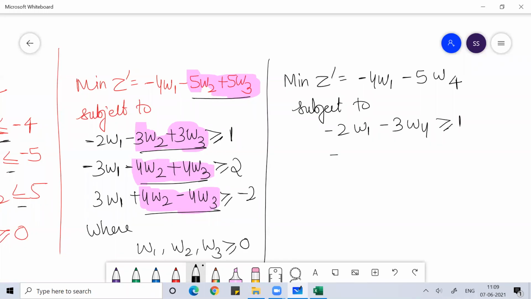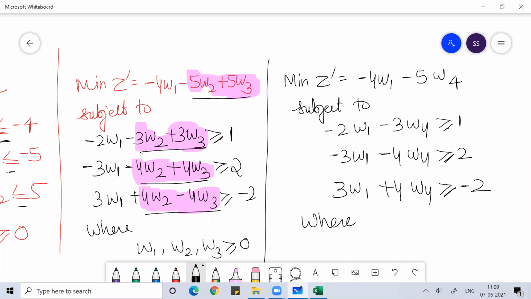I can write this as minus 3W1 minus 4W4 greater than or equal to 2. I can write this as plus 3W1 plus 4W4 is greater than or equal to minus 2, where W1 is greater than or equal to 0.